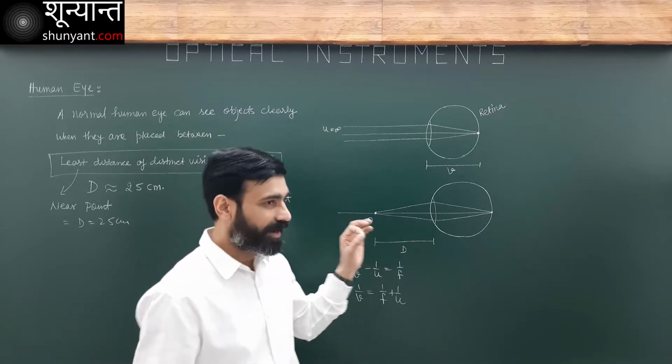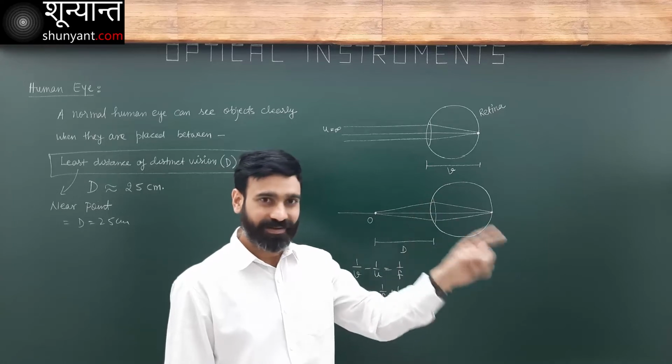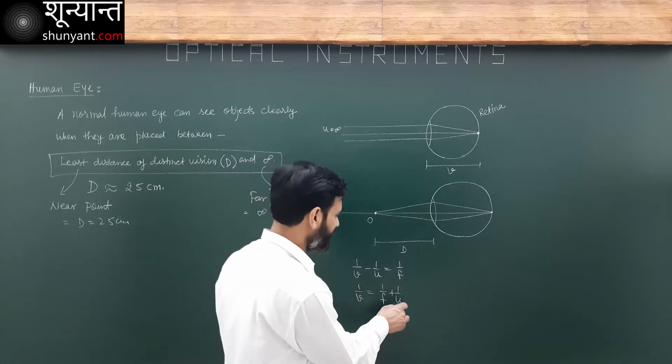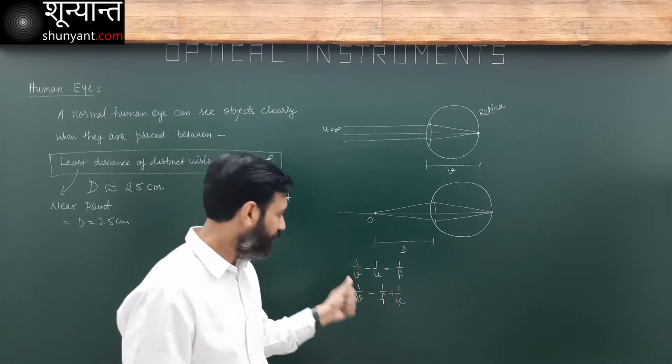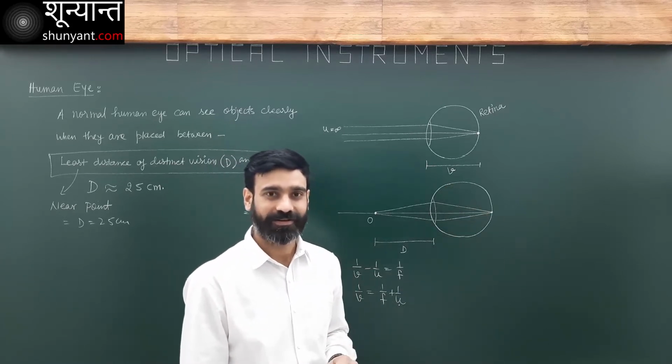But with the eye, things are different. No matter where the object is, no matter what the value of U is, I always get the image at the same position. How is that possible?